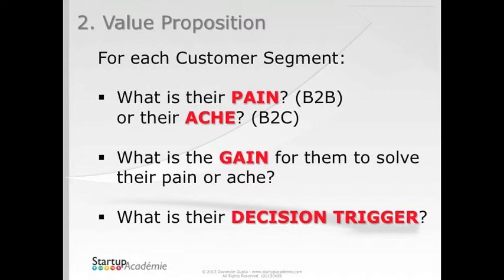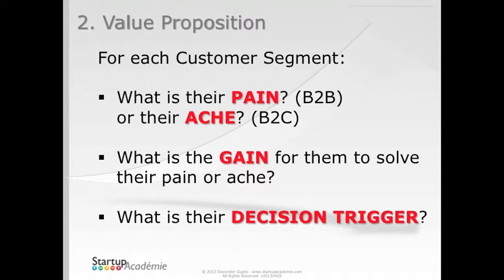If you're doing more towards the consumer, business to consumer, it's more what is the ache, what's the ache in their heart, what's the desire. And you're working more with individual motivation when you're doing that. But it's the same idea.